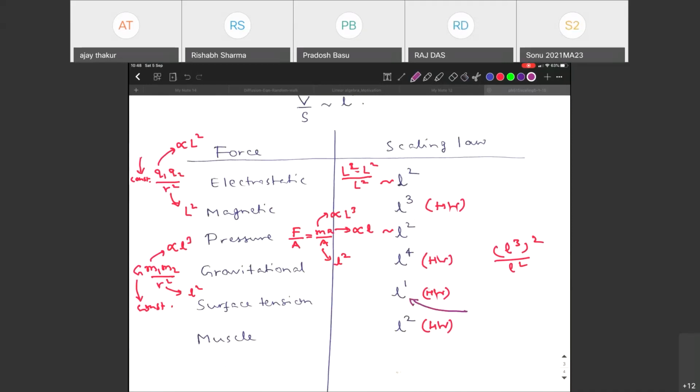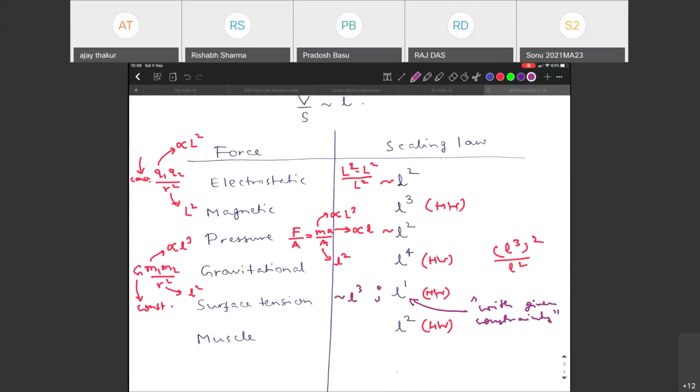This is for a given set of constraints, so this will become more clear when I give you that homework. That L to the power 1 dependence is for a very specific scenario. In general it will go as L cubed, but it could go as L to the power 1 with a given constraint. So I understand this problem. Okay, fine.